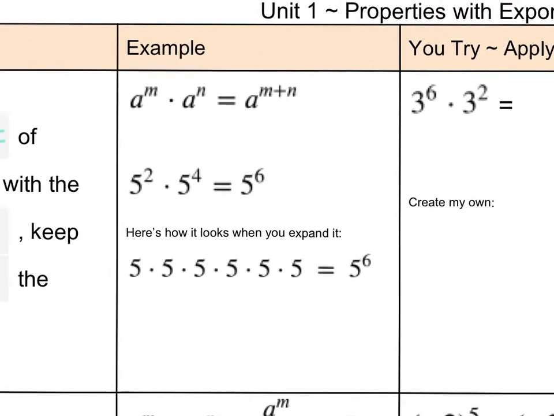Now this is a rule, like an algebraic rule. So this might look a little new to you, but it goes like this. A to the m power times a to the n power equals a to the m plus n power.